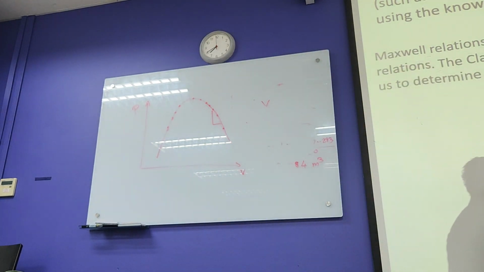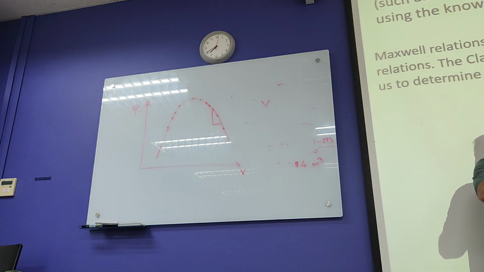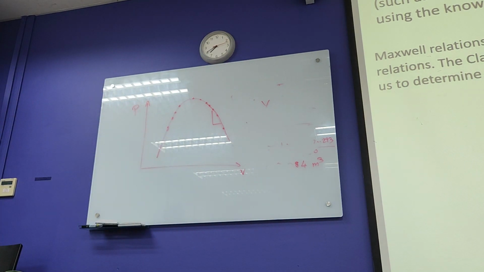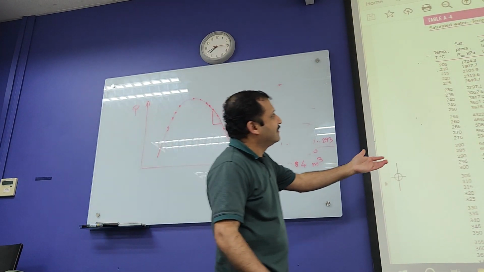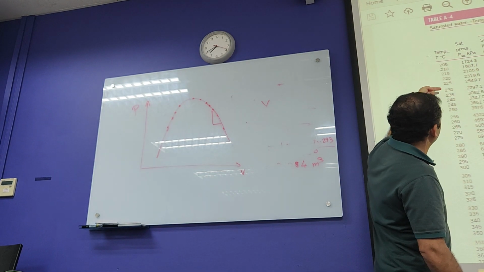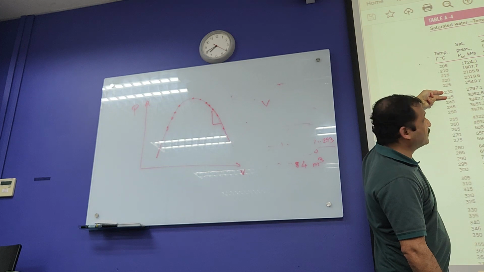So dP/dT, constant volume chamber, rigid tank kind of experiment, you can estimate that. And that has already been estimated for, let's say, water by someone. So for every change, let's look at those two rows.